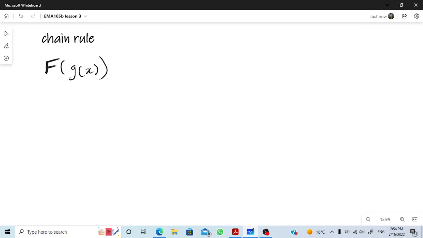So here you have a function g of x inside the function f of x. Okay, so when you deal with such questions, for you to differentiate, there are specific rules that you need to follow.